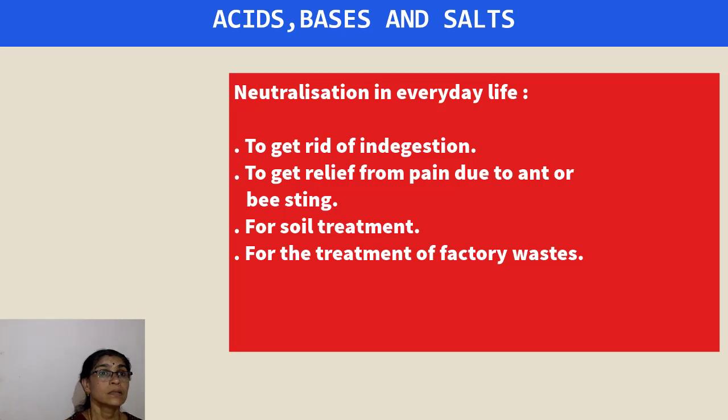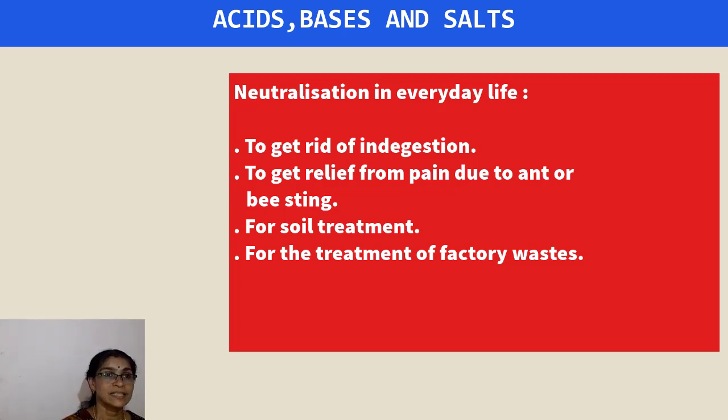They may kill fish or other living organisms in the water bodies. So in order to save their life, before dumping the waste into water bodies, we have to treat the factory waste either by using acids or by using bases. Okay.